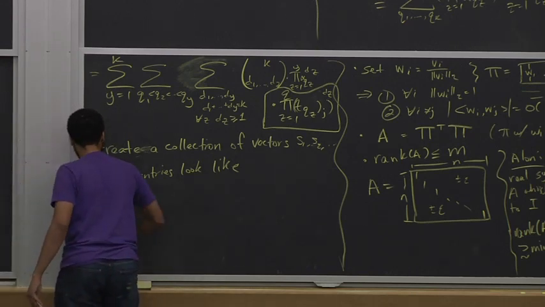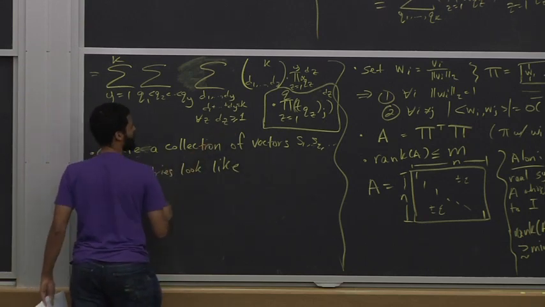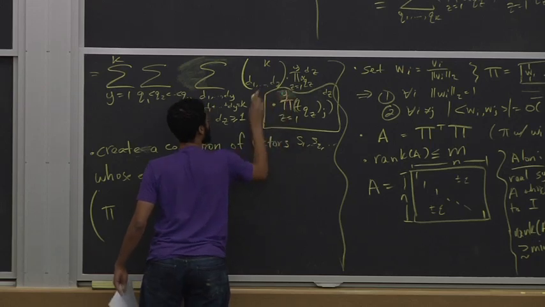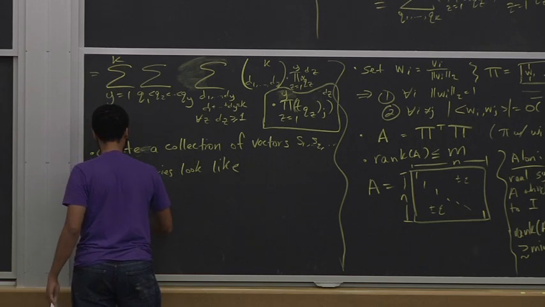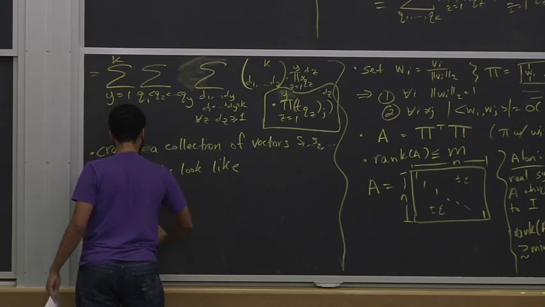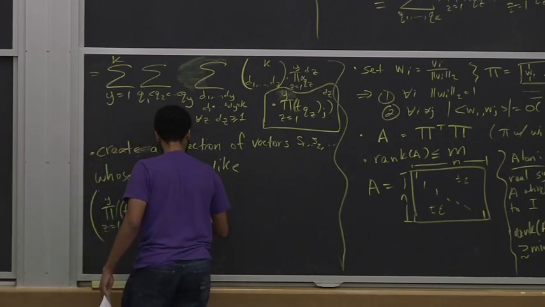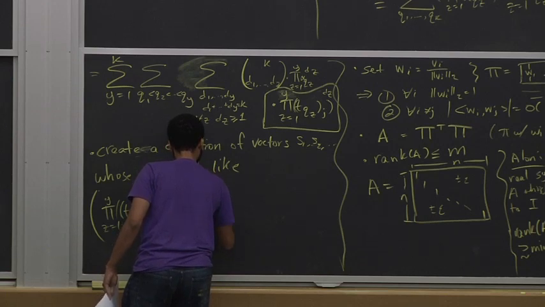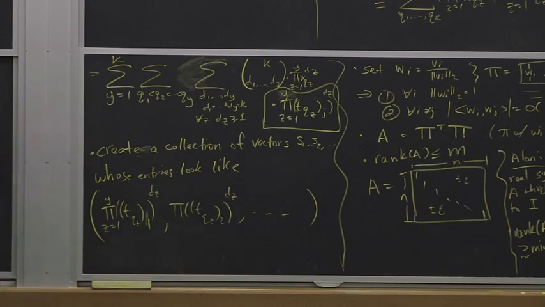Their entries look like this: the product, z goes from 1 to y, of t_{q_z, 1} to the d_z, times the product of t_{q_z, 2} to the d_z, etc. Look at all vectors that look like this.